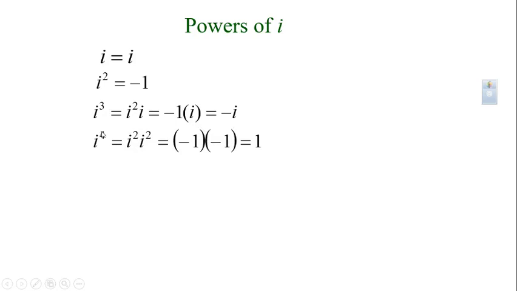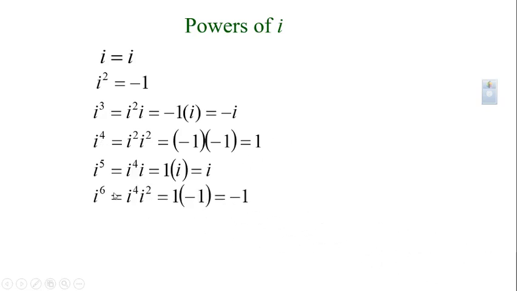i to the 4 is i squared times i squared, and therefore i to the 4 is -1 times -1, which is 1. So i to the power 4 is 1. i to the power 5, if we continue, is i to the 4 times i to the 1, which is just 1 times i, because we just saw that i to the 4 is 1.